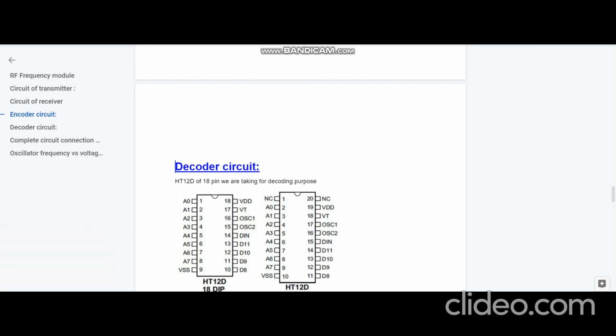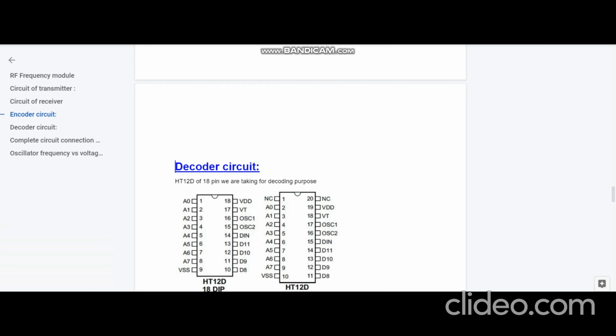A0 to A7 are the address input pins. The status of these pins should match the status of the address pins in the ST12E used in the transmitter to receive the data. These pins can be connected to VSS or left open. DIN is the serial data input pin and can be connected to the RF receiver output.